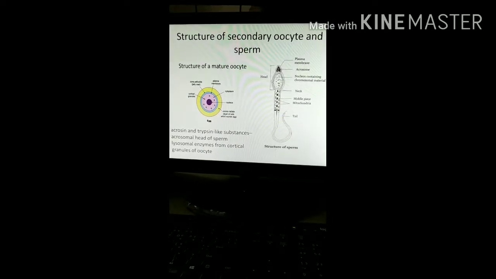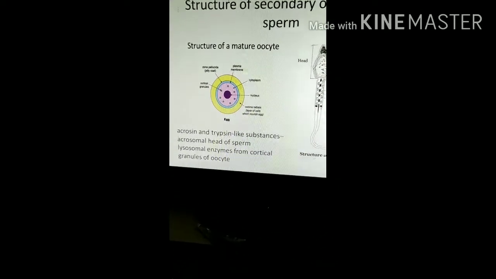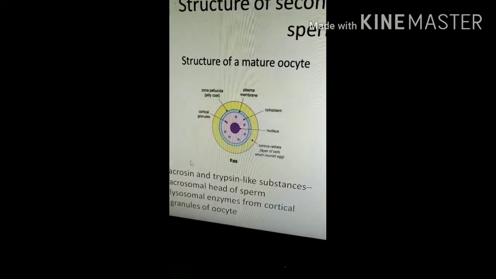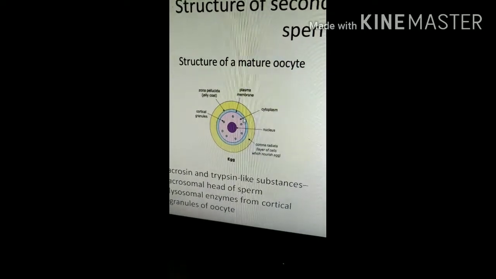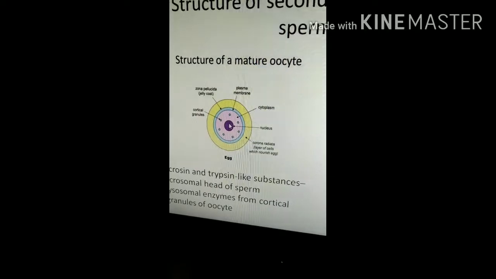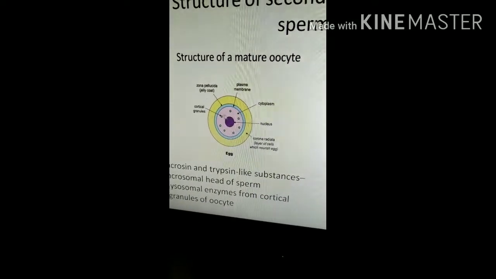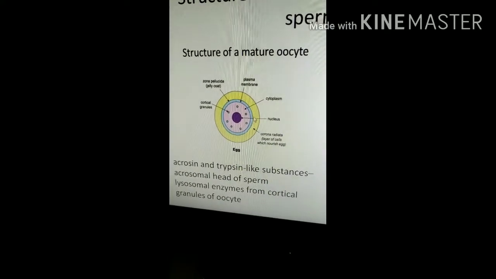This figure shows the structure of the secondary oocyte and sperm. This is the mature oocyte or secondary oocyte. The structure of this oocyte includes the covering of the oocyte and also the structures present in the cytoplasm.